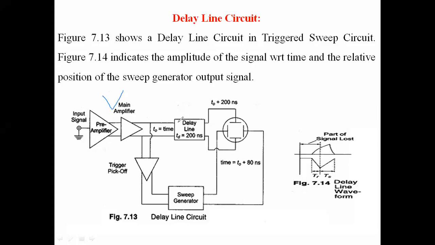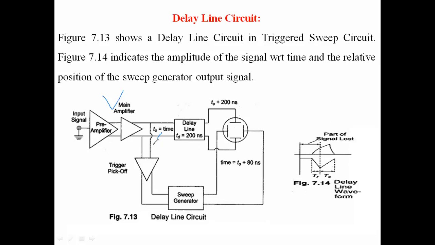So why are we providing this delay line? Suppose we produce the signal at time t0. Without a delay line, we apply the voltage from the vertical amplifier directly to the vertical deflection plates.